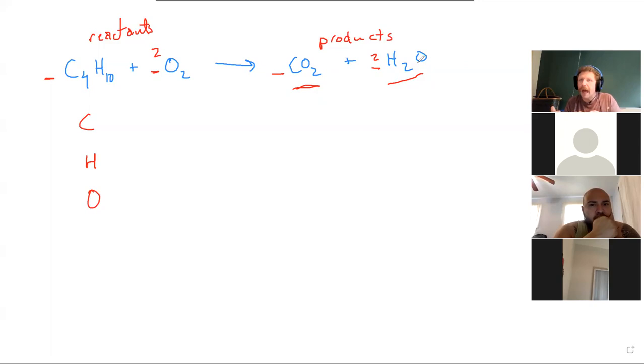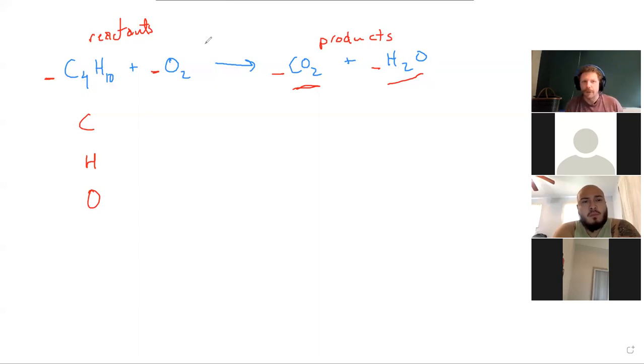Because whenever you do that, it's almost like you're fixing one thing and then you realize you have to fix something else because of the way you fixed the first thing. So balancing chemical reactions, from my experience, kind of drives me a little bit crazy. But the way that I like to solve these problems is pretty simple. It takes practice, but I think it's an efficient way to solve it.